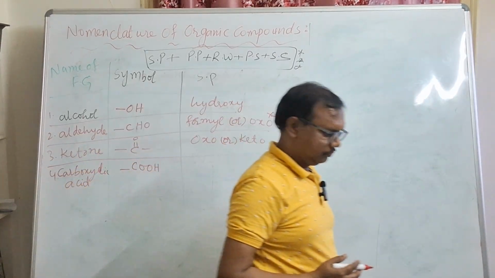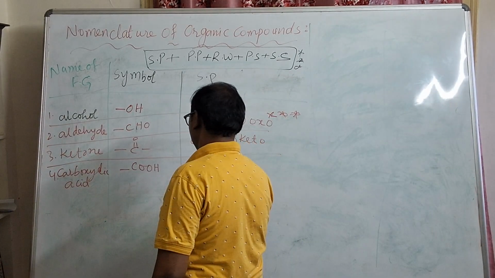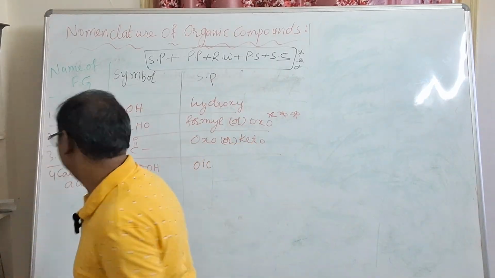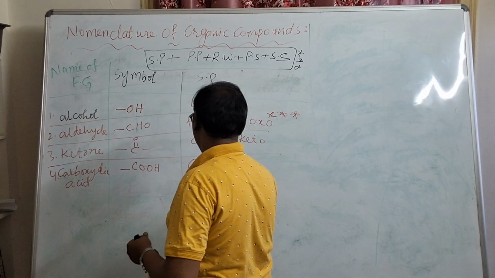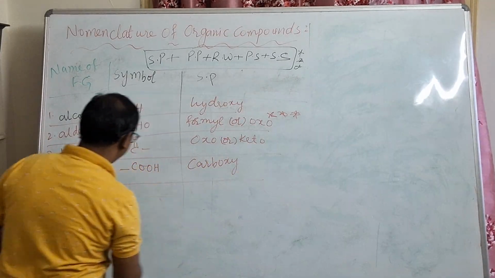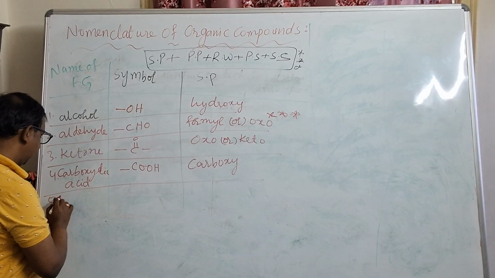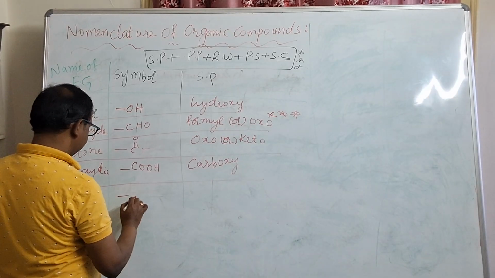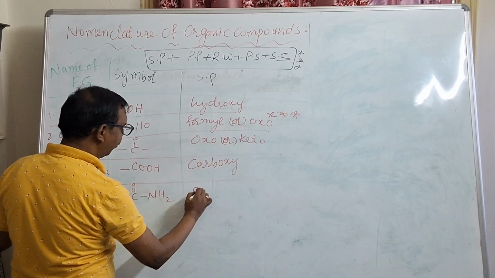COOH means oic acid, and as a secondary prefix it is called carboxy. Are you getting? Yes. Next one, fifth, amide: C double bond O NH2. Here it is amido.